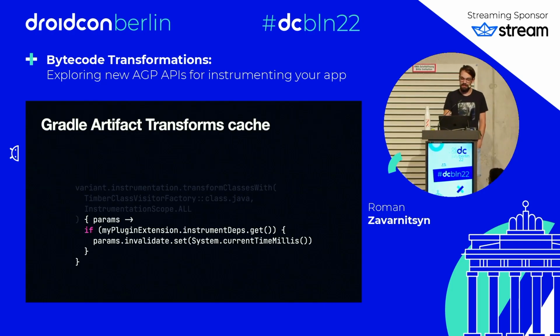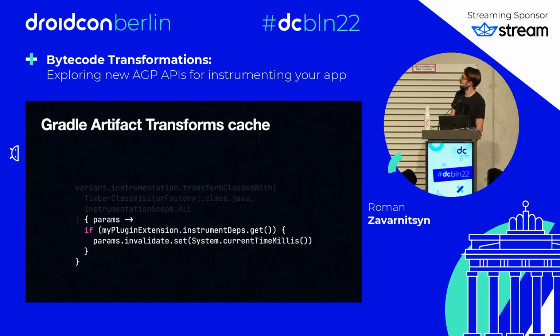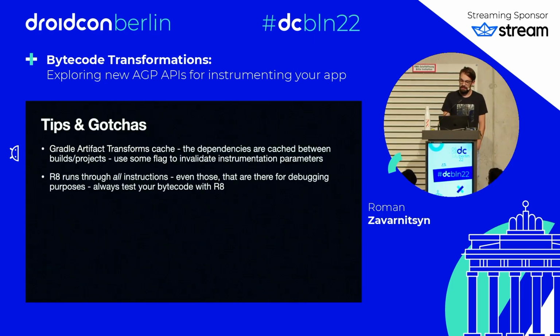Basically, in this case, it's the current system time, so it always invalidates your build and always runs the transforms for dependencies. And you can also hide this behind some Boolean flag, so it can be controlled from the Gradle DSL conveniently.